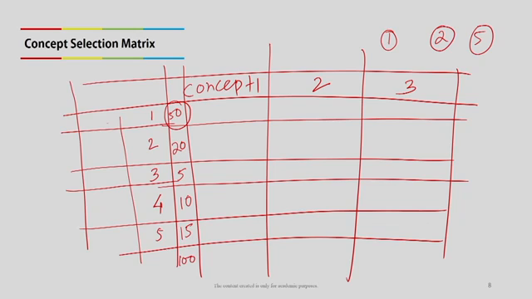Let us see concept 1. For criteria 1, it is fulfilling very nicely, so I have to give it rank 5. Here I have to put 5 into 50.